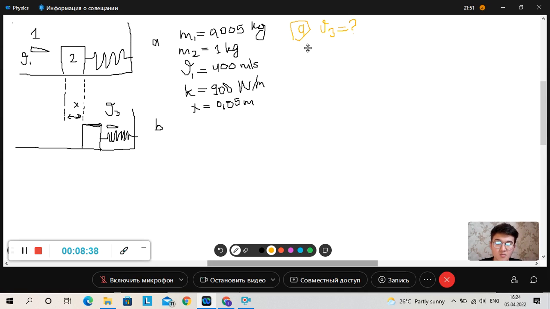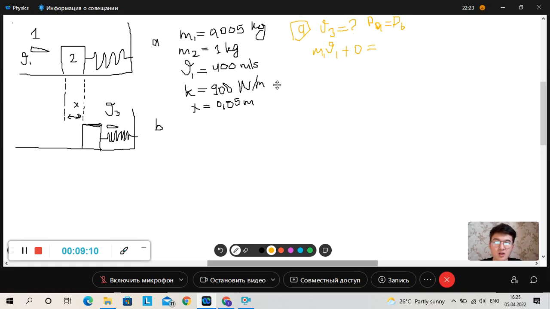Firstly we need to write the momentum. In the first situation the momentum is m1 v1 plus 0, because the block is at rest. So pA is equal to pB.